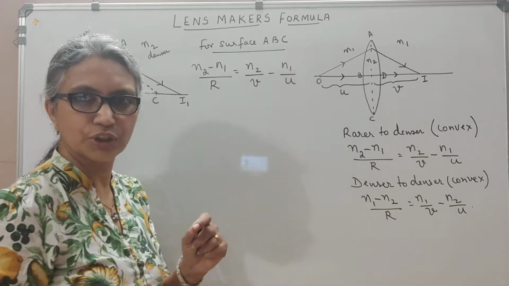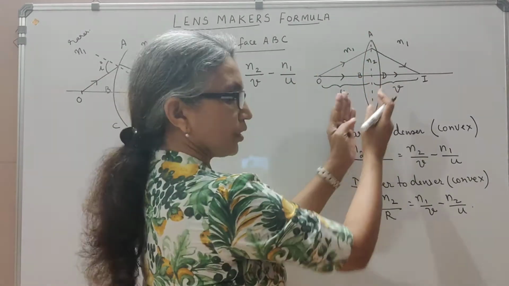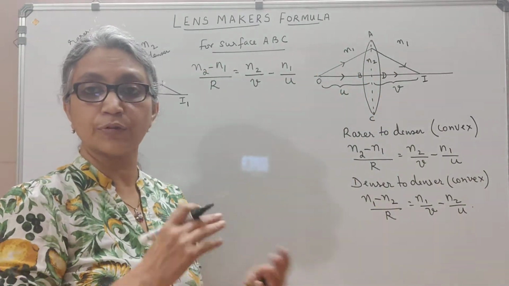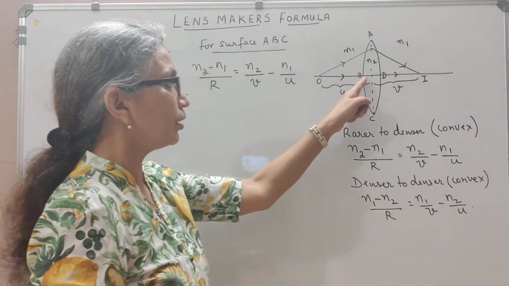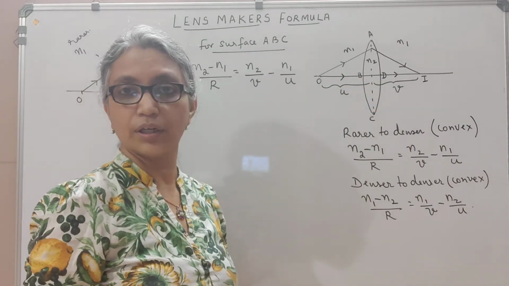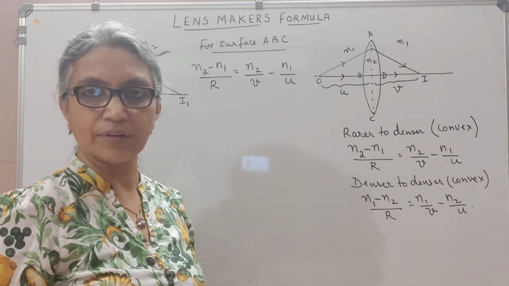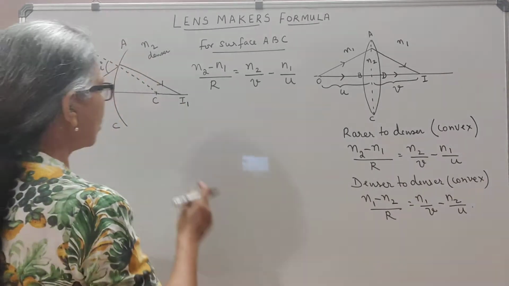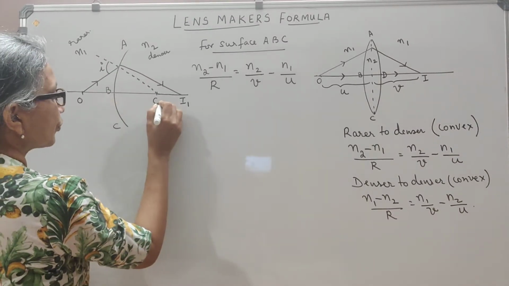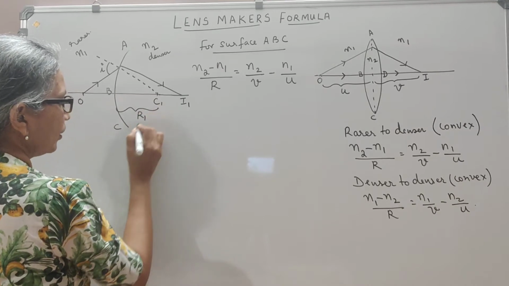We need to make a few changes in this formula. Because our lens has two surfaces, they may have different radii of curvature, meaning this side may have a radius of curvature R1 and this side may have a radius of curvature R2. They can be different. Equiconvex means they will have the same radius of curvature. So I'm going to take the radius of curvature of the first side as R1.